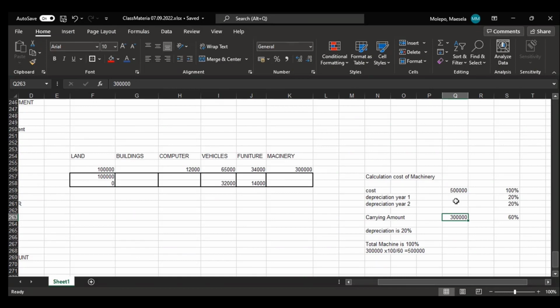Yes, 20% is giving 100,000. So it means here the machine is depreciated by 100,000 every year. We are all happy. If you have a question, please notify me before we even get lost further.